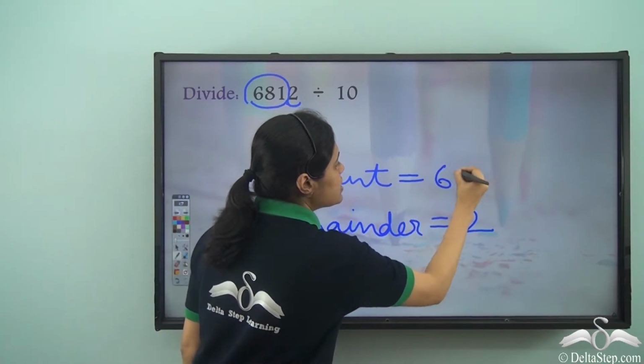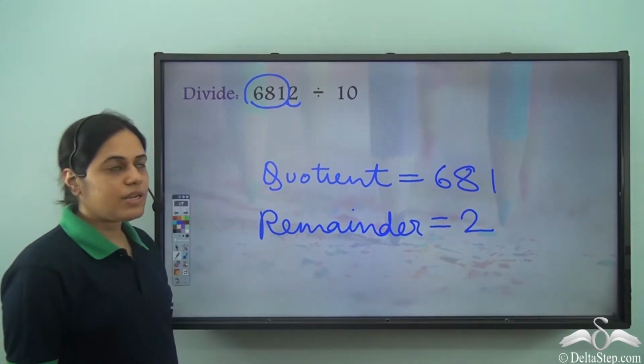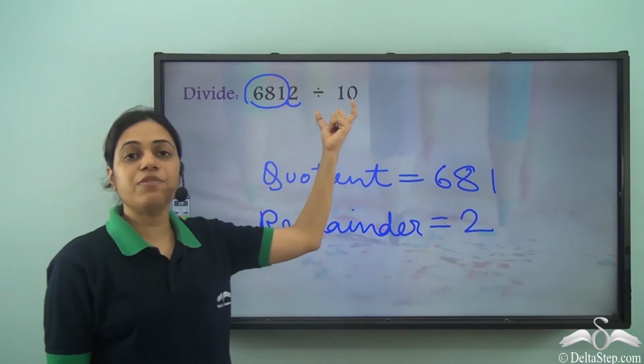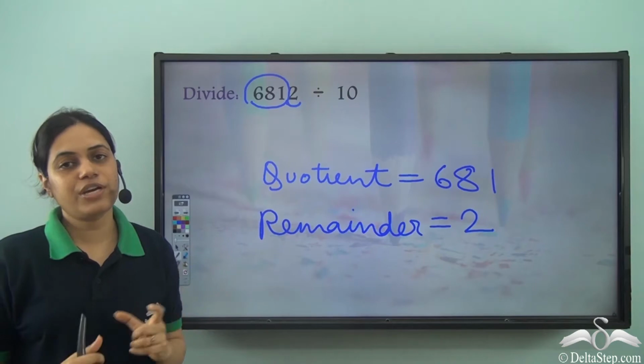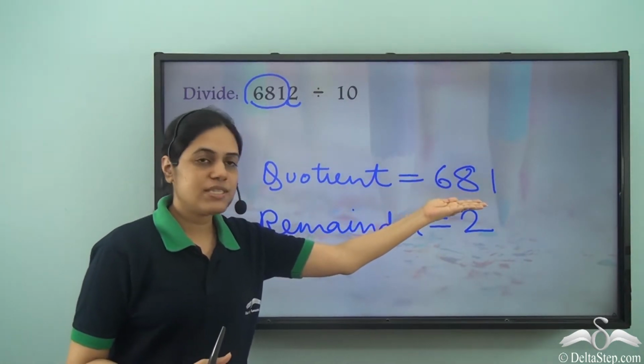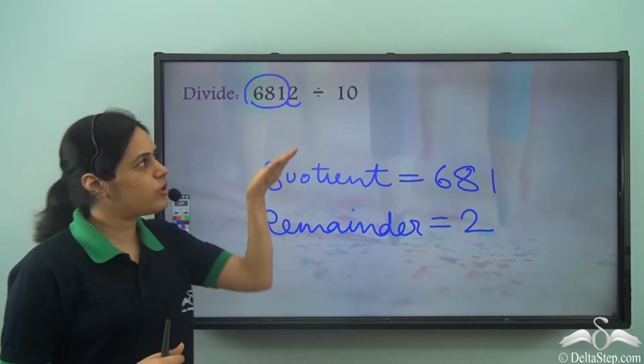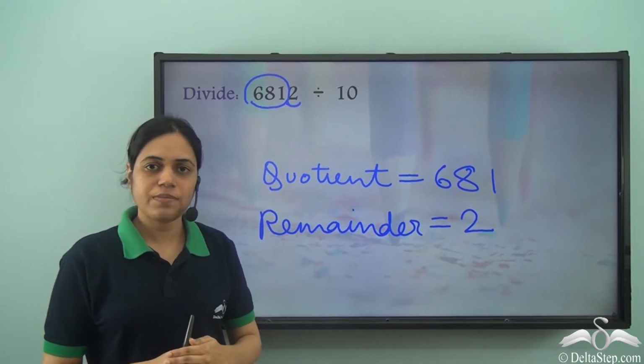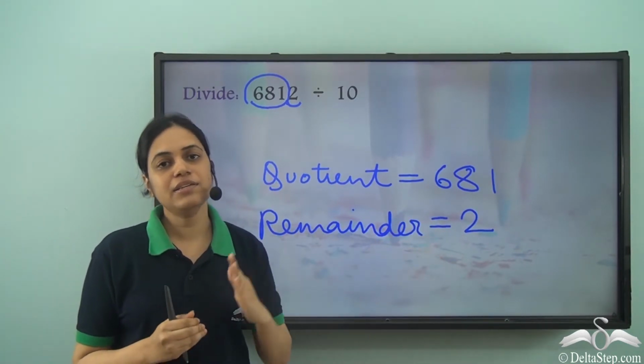Remember, I don't write 6810. It is 681. The quotient is 681 and the remainder is 2. You can divide it by the long division method and check. You'll get the same answer.